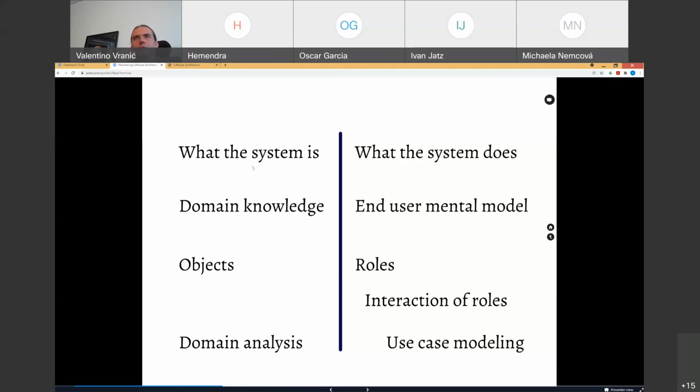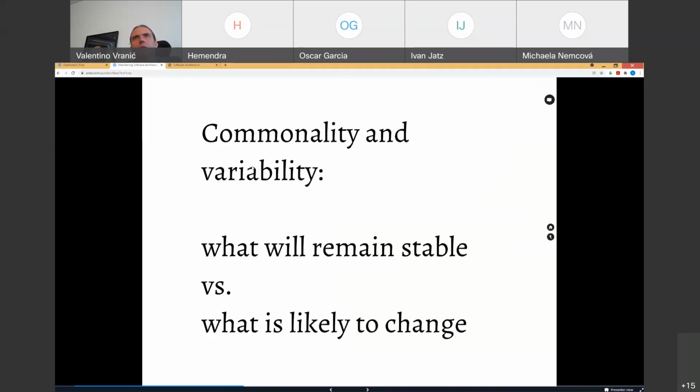Mentioning this, we are actually talking about commonality and variability. These two perspectives correspond to what will remain stable. Commonality is rather what the system is, and variability is what is likely to change, so what the system does. But in the what-the-system-is perspective, you also have both commonality and variability.